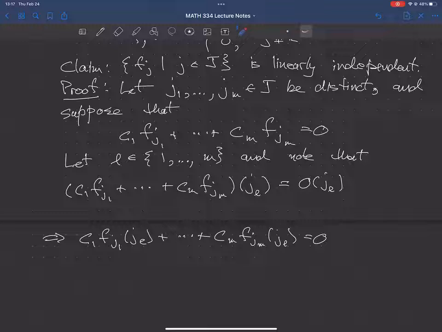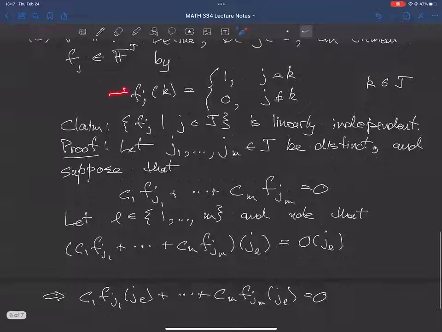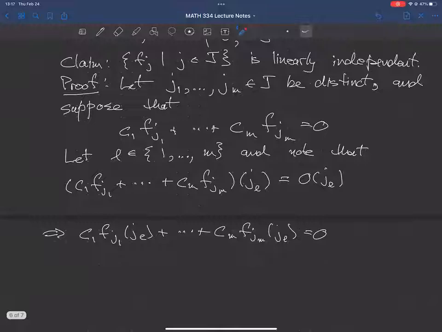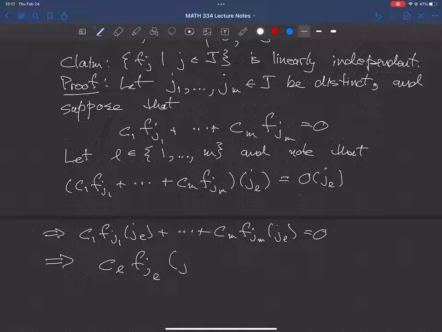Okay, now we can easily see what's going on with this sum because of the way these vectors are defined. There's only one term in this sum which is non-zero, and that corresponds to the j_l term in the sum. And so this implies that c_l f_{j_l}(j_l), which is just c_l, is equal to 0.